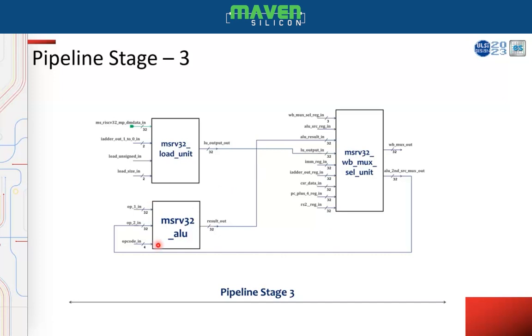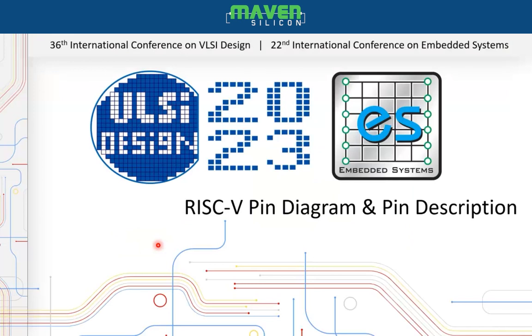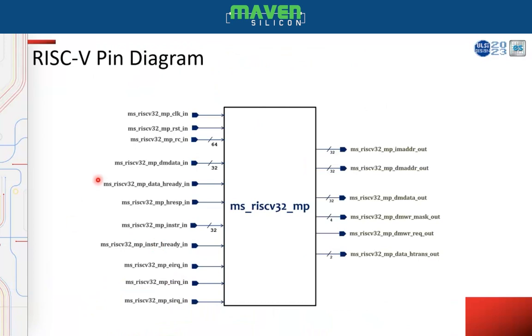Alright, now let me show you the pin diagram and quickly walk you through the pin description of various signals in our RTL. So our RTL contains several inputs and several outputs like this, and clock is the main signal which will synchronize the entire processor's behavior, the RISC-V processor's behavior.